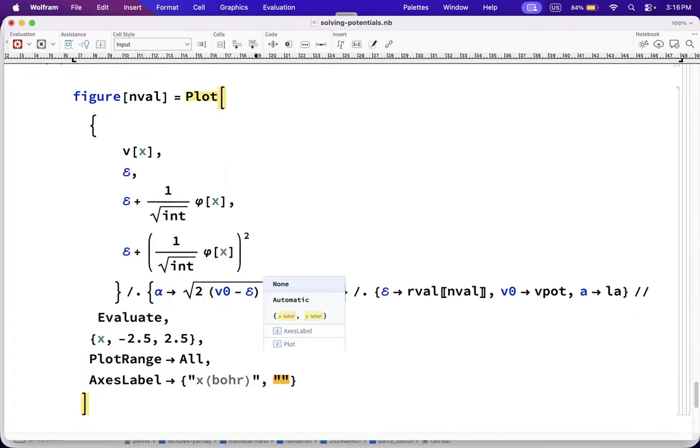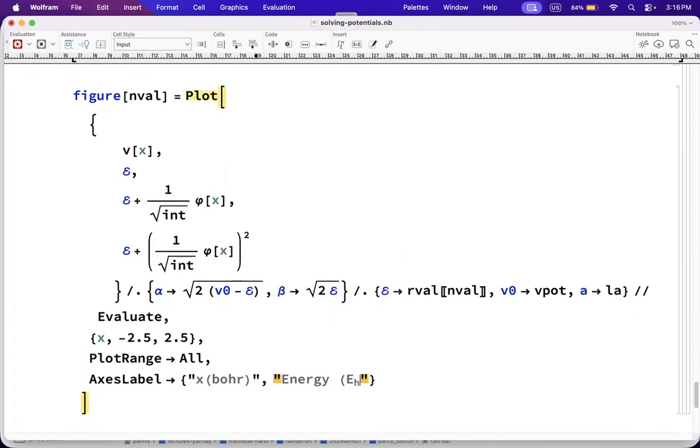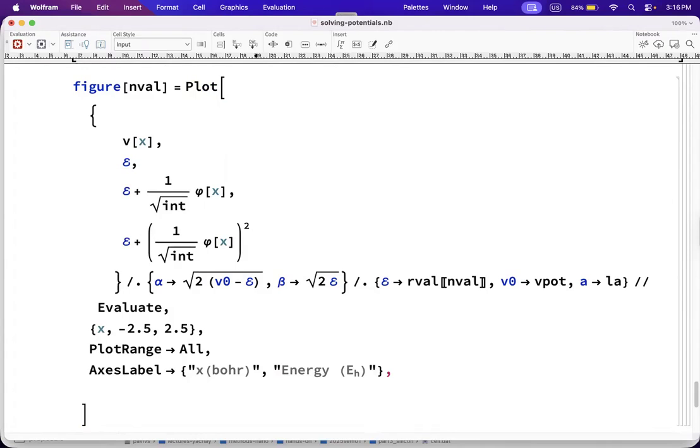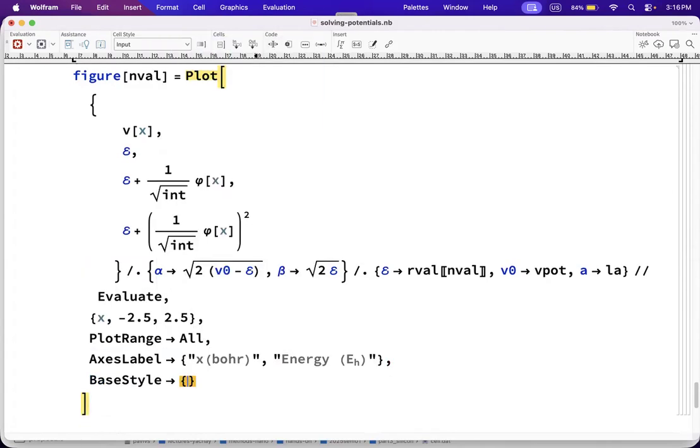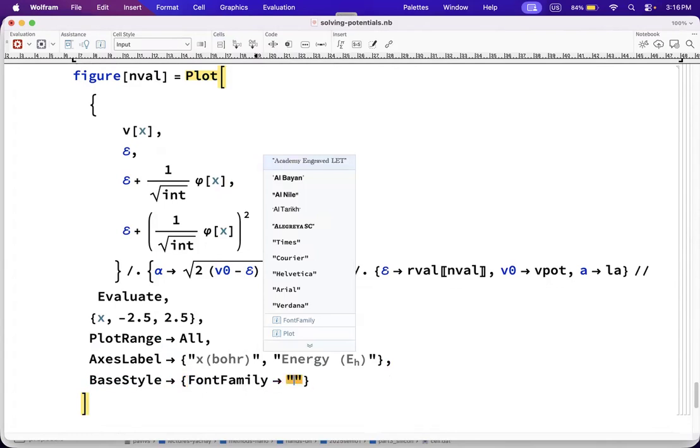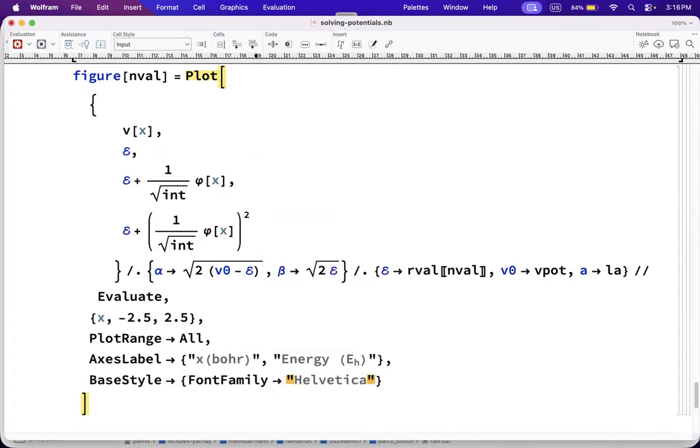The energy is given in the matrix E sub H. Base style. So this is the font family. Font size.